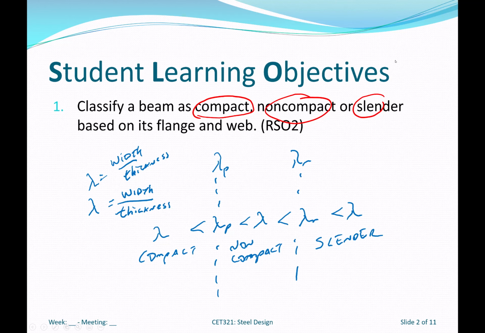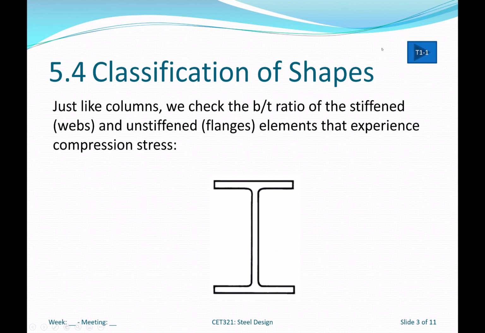Okay, so this is just checking for local instabilities. We are definitely looking at things like b sub f, the flange width, and the flange thickness, and then we have h, and then we have t sub w.